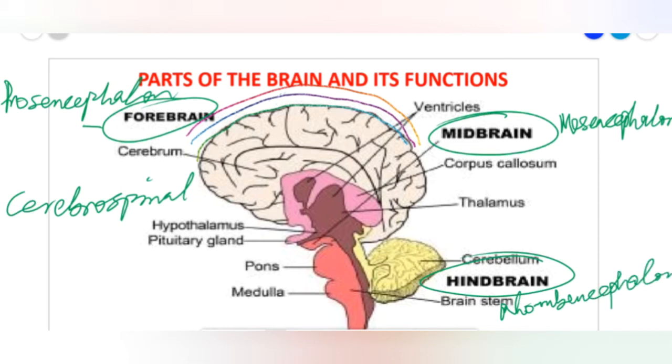These are the three ways in which the brain is described. Now the forebrain, which is the prosencephalon, develops from the part of the embryo that becomes the cerebrum.